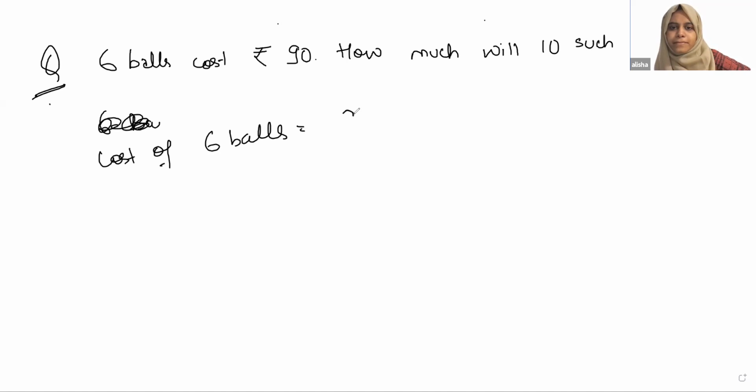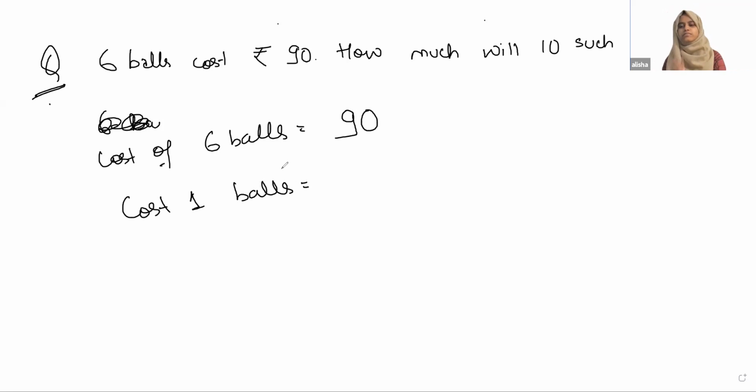Cost of 6 balls equals 90 rupees. So cost of one ball is equal to what? Whatever is on your left hand side, just take it to the denominator of the right hand side. I asked you that or not? Yes, ma'am. So this would be 90/6. Why have you written 6/90?